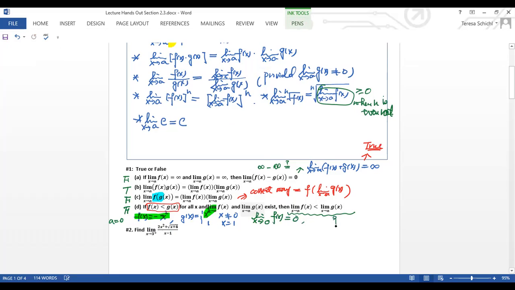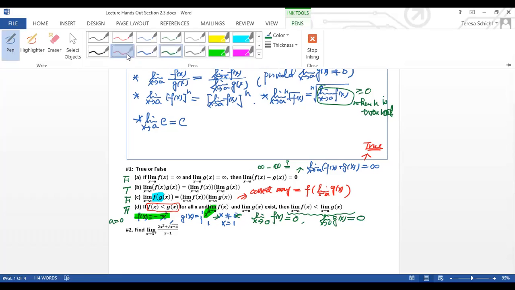Now what is g(x) going to approach when x approaches 0? Because this is x not equal to 0, you approach from the left-hand side and the right-hand side. So what does this approach? It approaches 0 also.